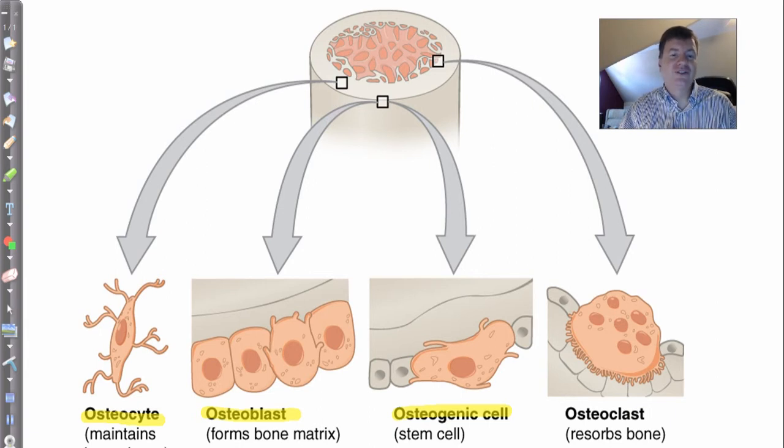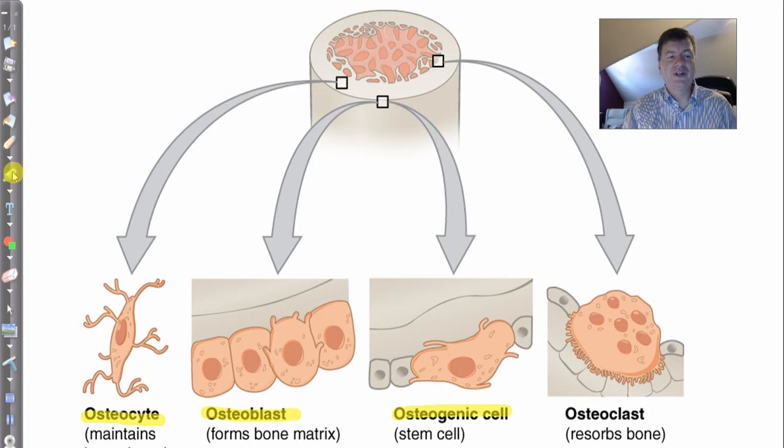So osteocytes are not directly building the bone as much as they're communicating to osteoblasts to build bone. There are a number of signals that tell osteoblasts when to build bone, including hormonal signals as well as communication from the osteocytes, and we'll deal with bone building in a future video.